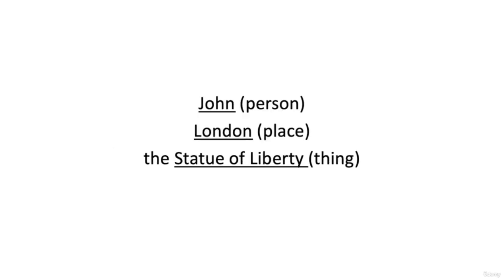For example, John is the name of a person, London is the name of a specific place, and the Statue of Liberty refers to an object or thing. Notice how the J in John, L in London, and S and L of Statue of Liberty are capitalized. This is because we always capitalize the first letter of proper nouns.